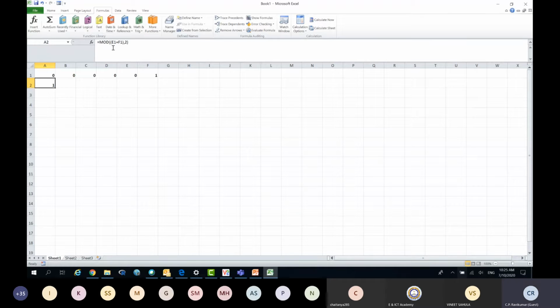This is the modulo 2 sum of E1 and F1, and this will be your A1. This will be your B1, this your C1, this your D1, and this your E1.